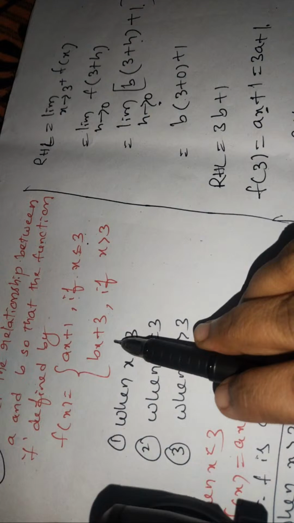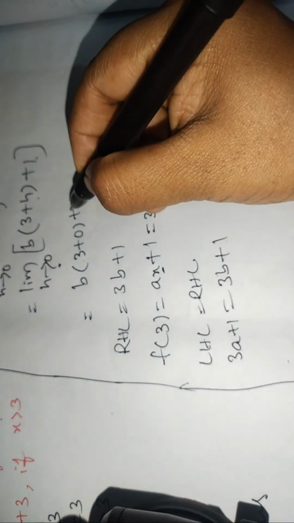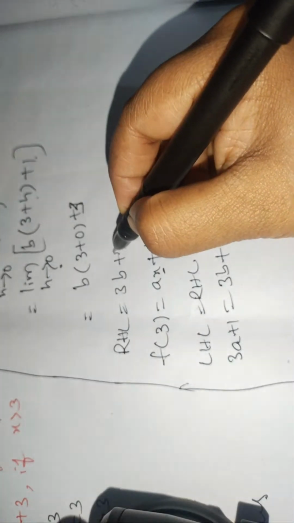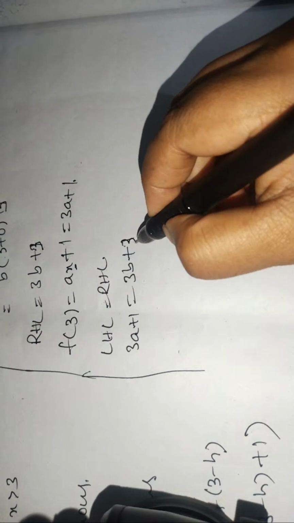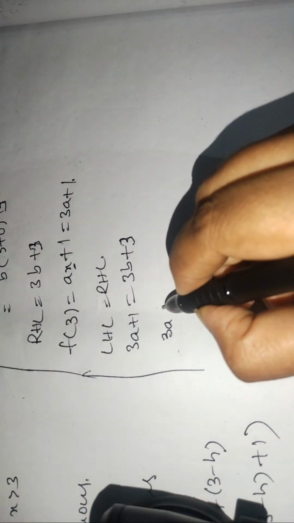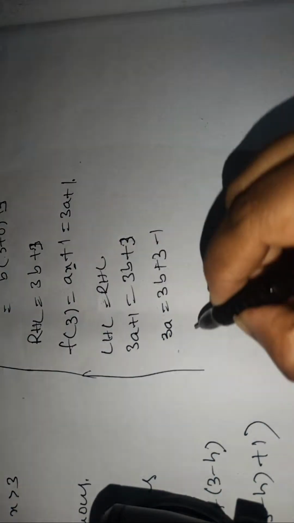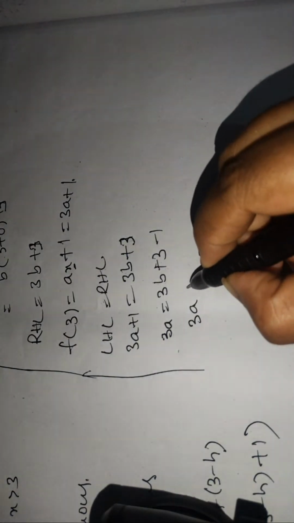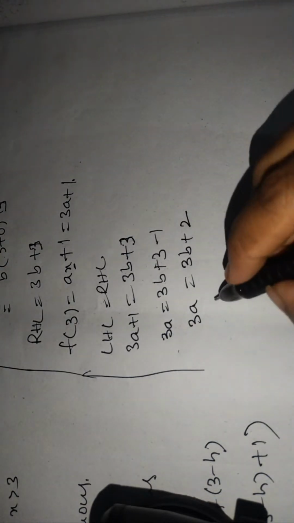RHL is bx plus 3, with x equal to 3, so 3b plus 3. Now replace this value. 3a is equal to 3b plus 3 minus 1. So 3a is equal to 3b plus 2.